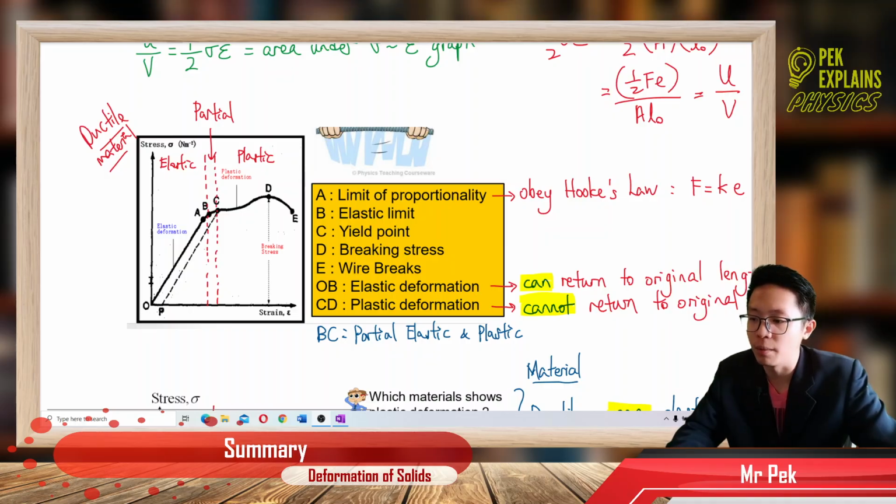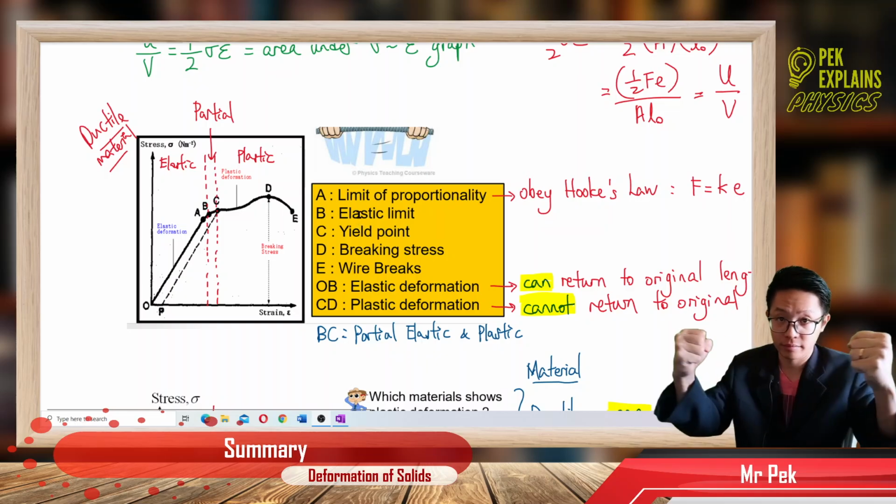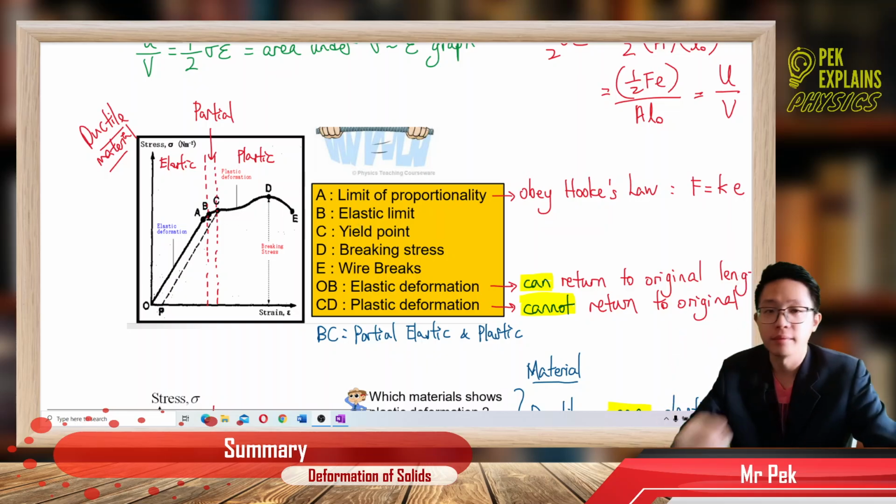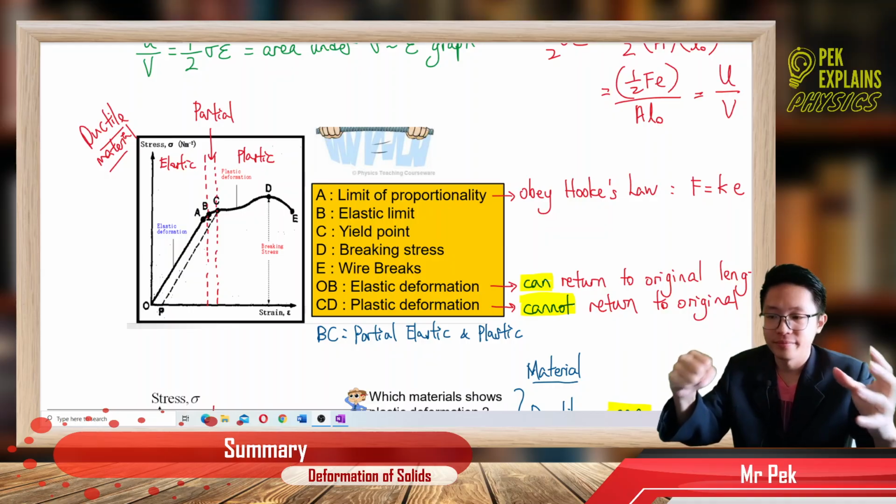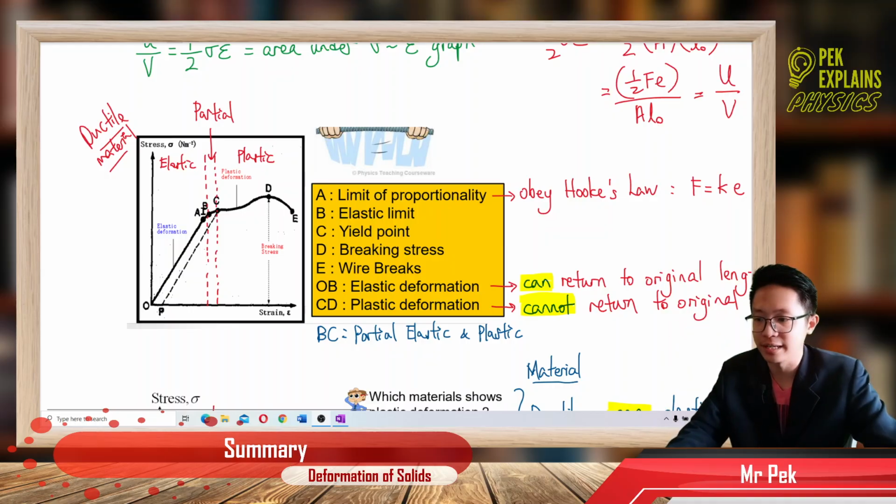That means if you apply the stress until the point B, which is the elastic limit, and you release, it surely goes back to original length.